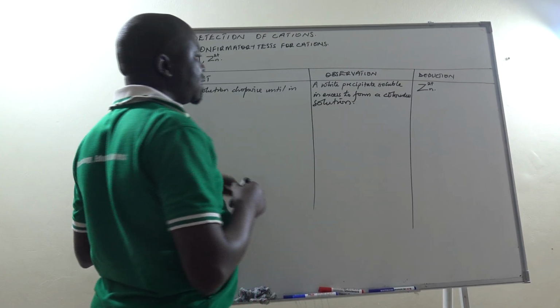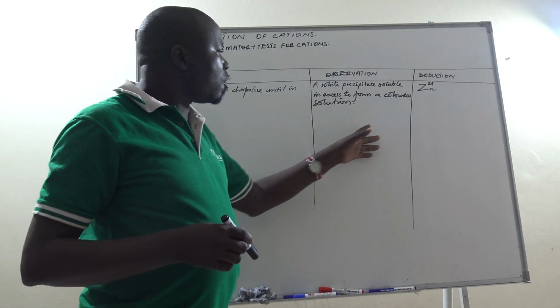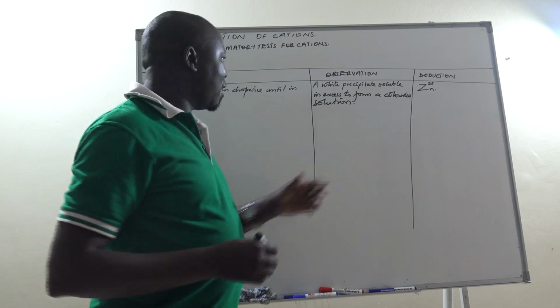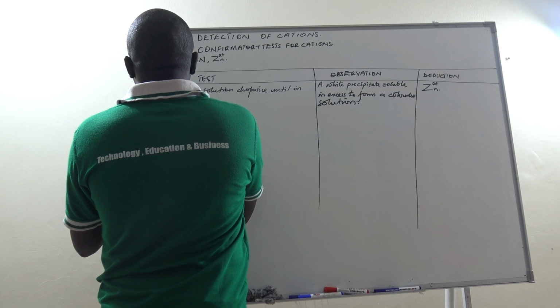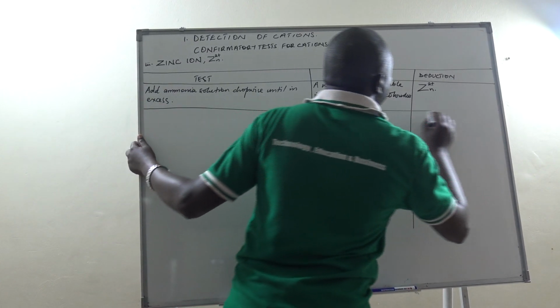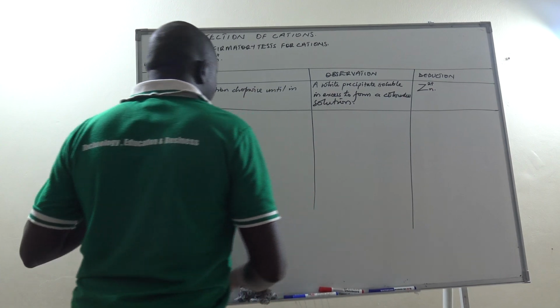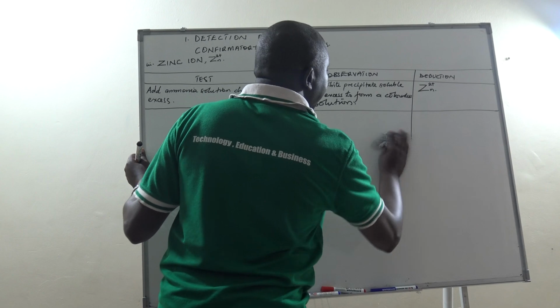In that colorless solution, we saw the complex ion and also wrote the reaction equation earlier on. So this is how we can confirm zinc ion. It is a confirmatory test for zinc ion in solution. Mark Q. These ones are for these cations in solution only.